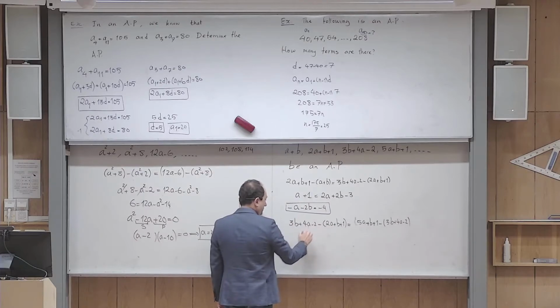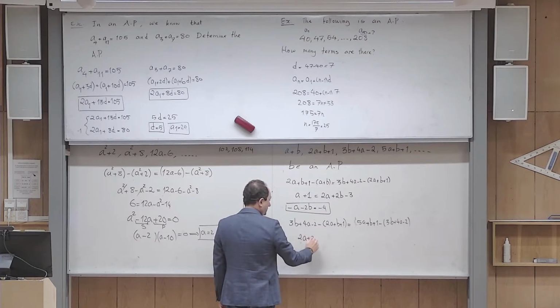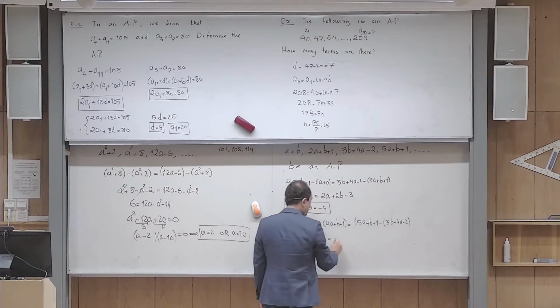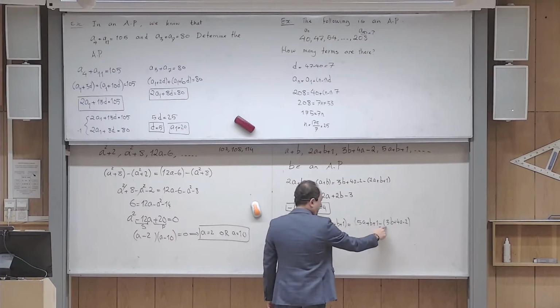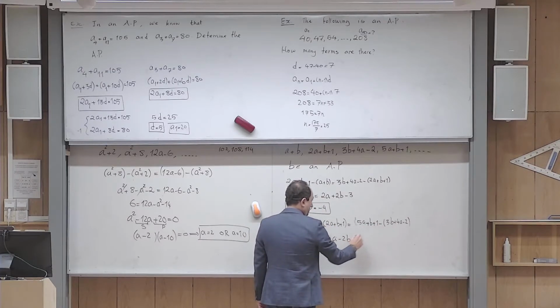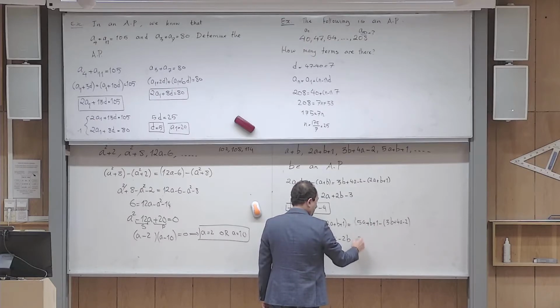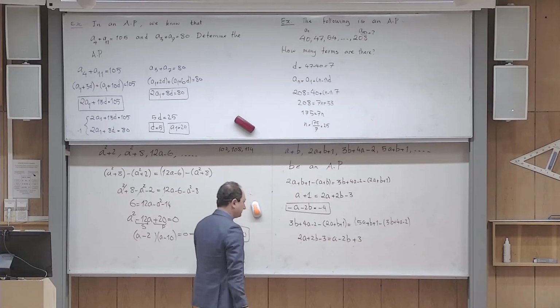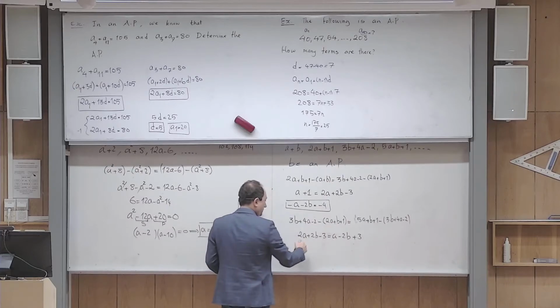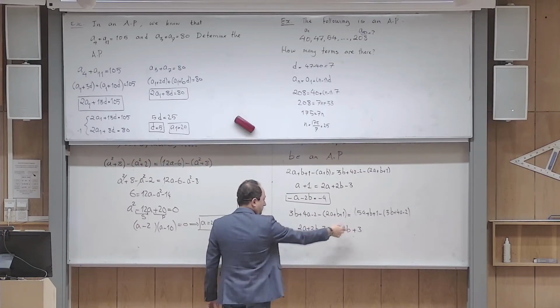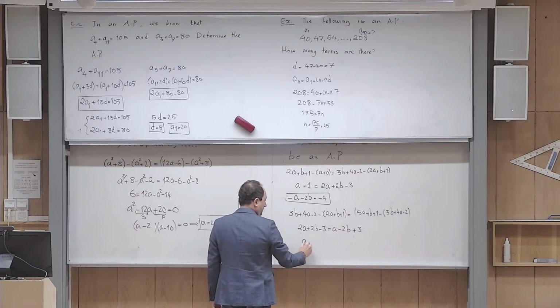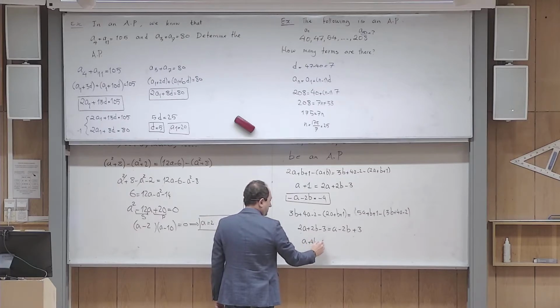So minus 2a to 4a is positive 2a, minus b 3b is 2b, and then minus 1 minus 2 is minus 3. On the other side, I have 5a minus 4a is a, and then b minus 3b is minus 2b, and then 1 plus 2 is 3. Okay, so I move these to the right, to the left, and this to the right. So this becomes a plus 4b. On the right hand side, I have 6.